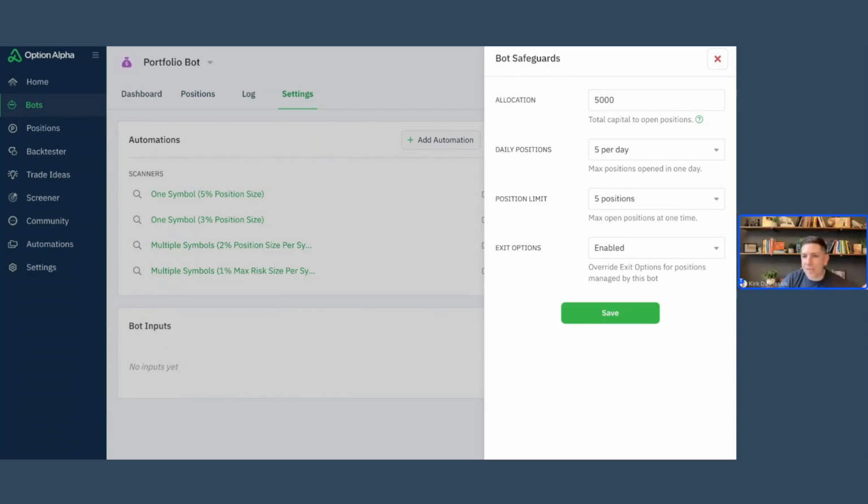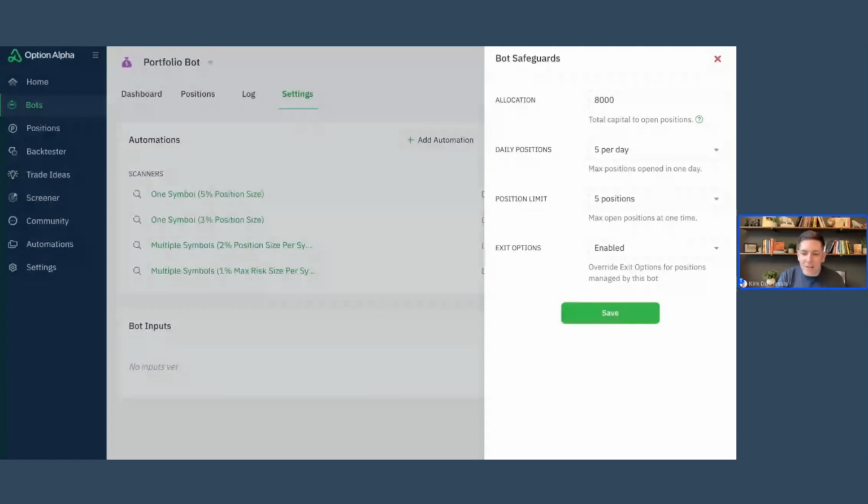If the average one is $80, the average $1 wide spread for a 30 delta, 70% chance of success, whatever. If that one is $80 and we are going to do a total 2% position across those positions, we need a lot more money.